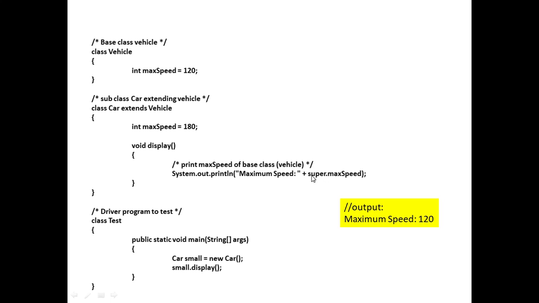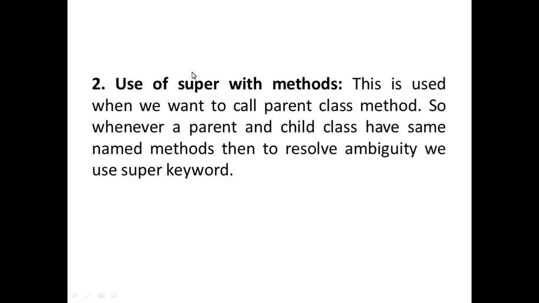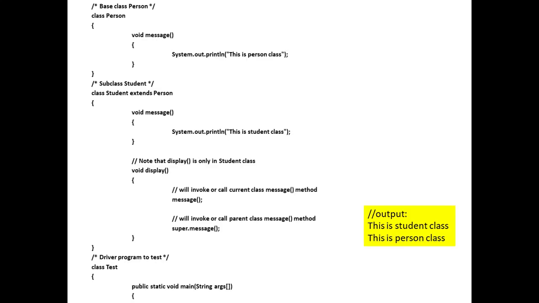But since I am writing super.maxSpeed, the super keyword calls the variable from my superclass, that is 120. The same thing applies when we use the super keyword with a method. It is used when we want to call a parent class method. Whenever a parent and child have the same-named method, we use super to resolve the ambiguity.